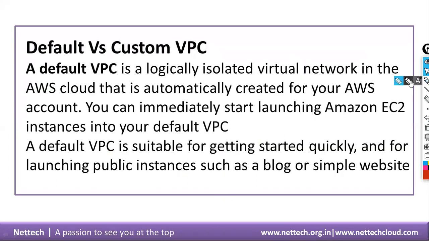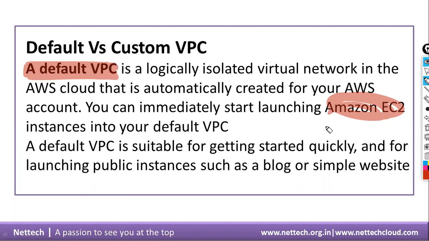And the default VPC, as I mentioned, is a locally isolated virtual network in the cloud that is automatically created for your AWS account, so you can immediately start launching EC2. So quickly, if you want to spin up any EC2, the default VPC is very useful, because there is no need to take care of routing, no need to create subnets or an internet gateway or a VPC, nothing.